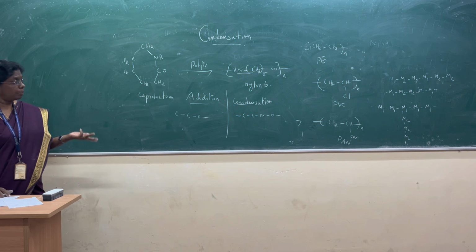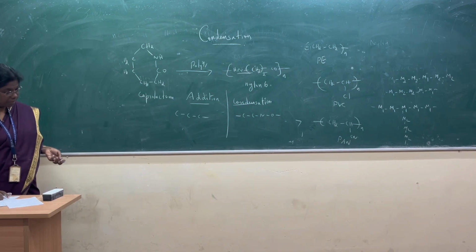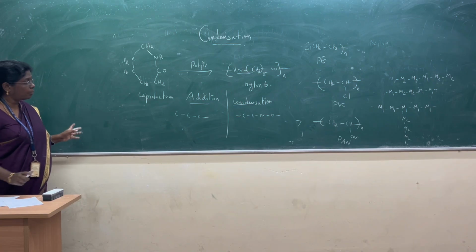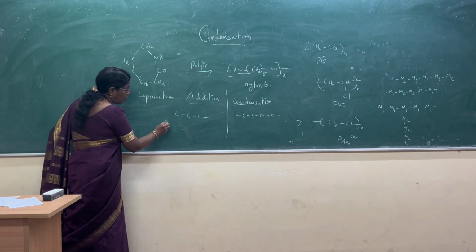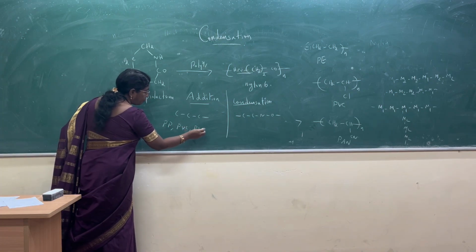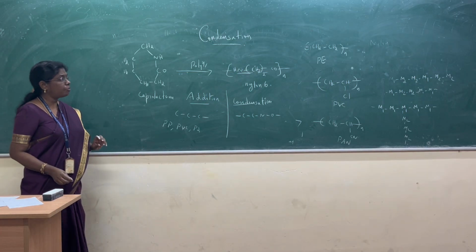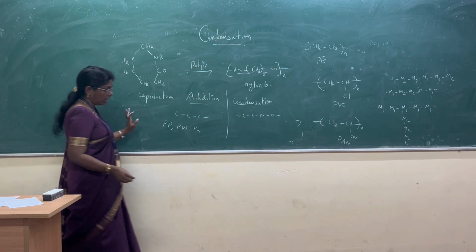And next, for addition polymers, the polymer product is formed immediately, whereas for condensation the polymer product is formed stepwise. And write examples. Polypropylene, polyvinyl chloride and polystyrene are examples for addition polymerization. Examples for condensation polymerization are the nylons.